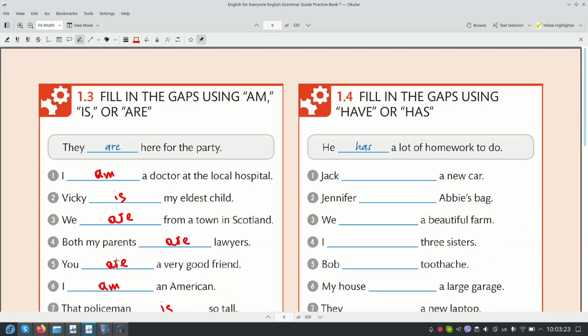Now you have the same exercise, but you have to complete it with the verb have. Jack has a new car. Jennifer has Abby's bag. We have a beautiful farm.